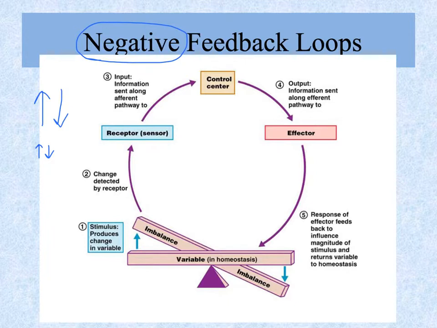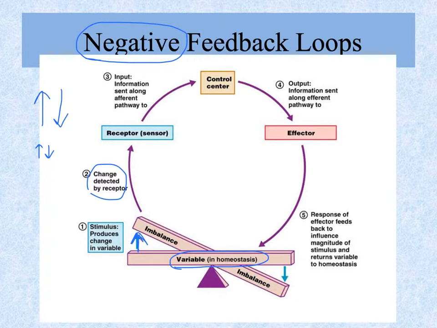Just going through this chart gives you a general pattern for something in a negative feedback loop. There's some variable that is being sensed, generally by your nervous system, and so your nervous system detects a change. It detects that it has moved into an imbalance situation. Something is too high.